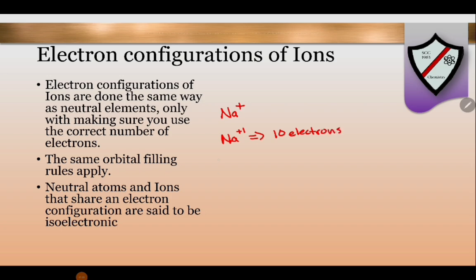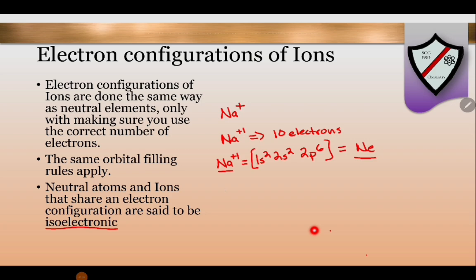So that means the sodium plus 1 ion is going to have an electron configuration of 1s2, 2s2, 2p6. And we may notice that this is the same electron configuration that we were looking at for neon. So we say that a sodium plus 1 ion and a neon atom are isoelectronic with one another.